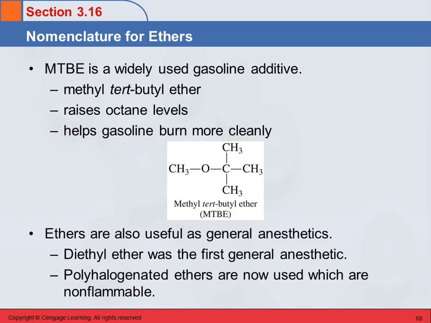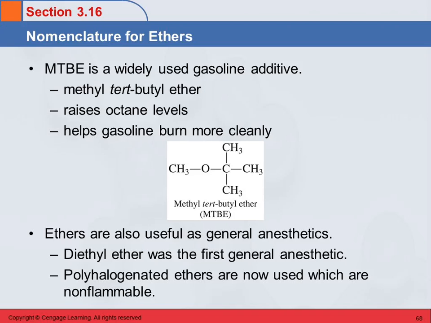But there is an ether that is in something you use a lot. Another use for ether, ethers are useful for general anesthetics. Diethyl ether was the first general anesthetic. I actually heard there's a podcast, I think it's called Stuff You Missed in History Class, and they talked about diethyl ether.